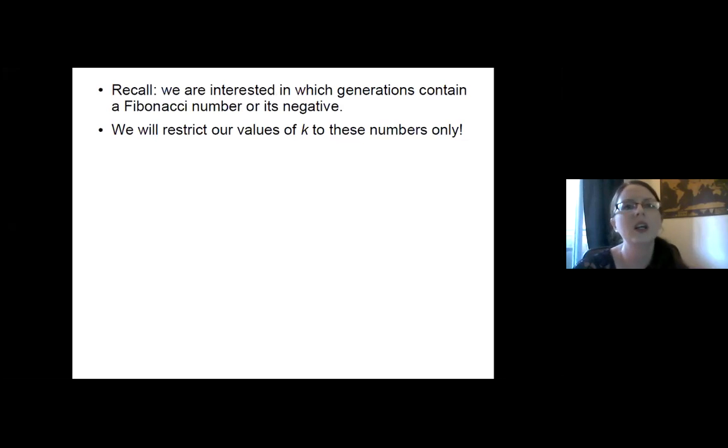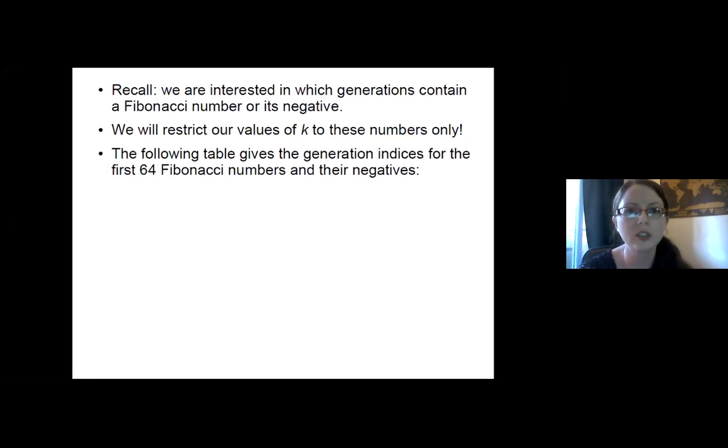So remember, we're interested in which generations contain a Fibonacci number or its negative. So we only really care about where the Fibonacci numbers occur. We don't care about everything in between, which is why the recursive formula was too much work, too much computation.